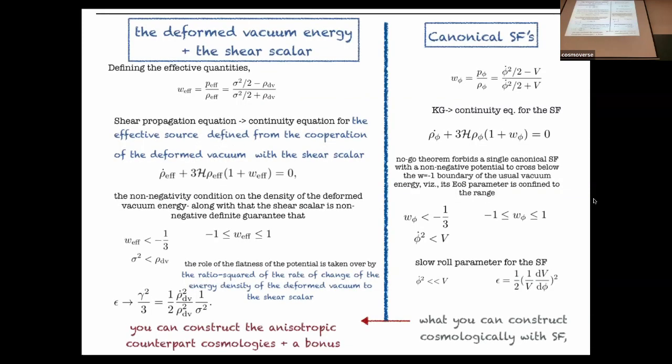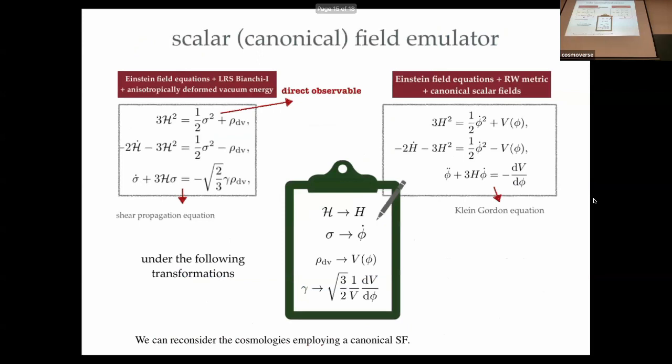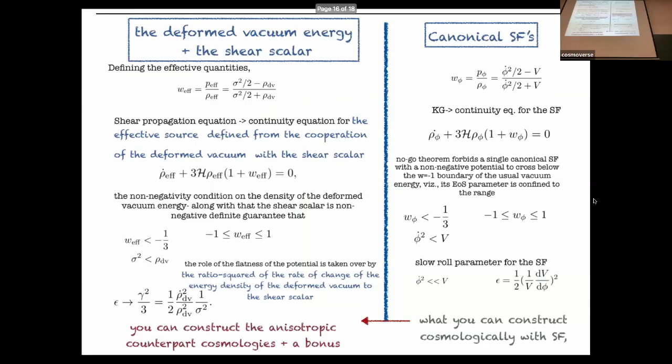It means that you can construct, cosmologically, all the scalar field correspondences with an anisotropic counterpart cosmology. But we have one bonus, because the kinetic term and potential of the scalar field are not measurable. On the other hand, we have a shear, and we can measure the shear tensor from the difference between the directional Hubble parameters.